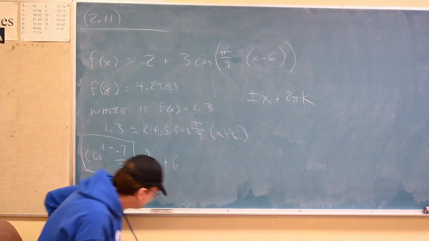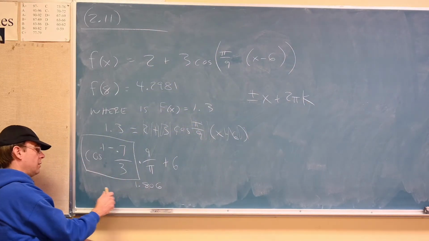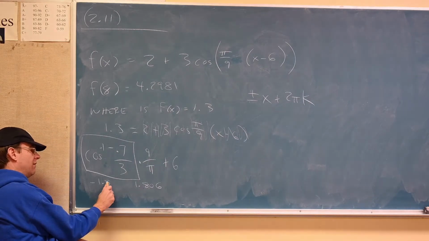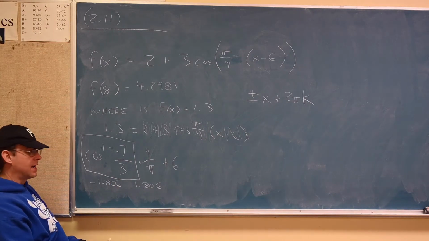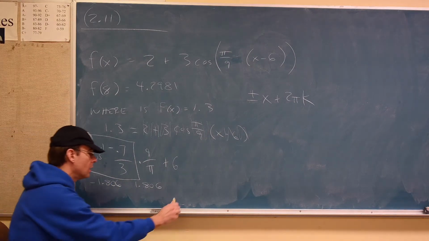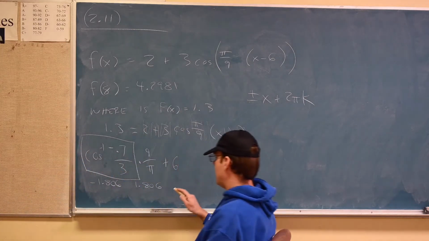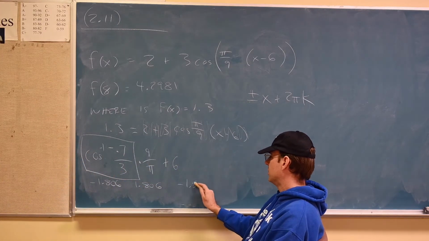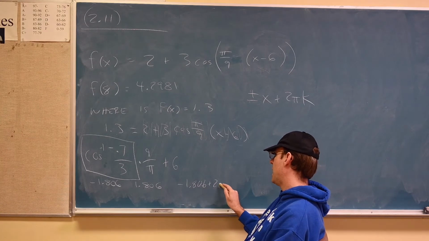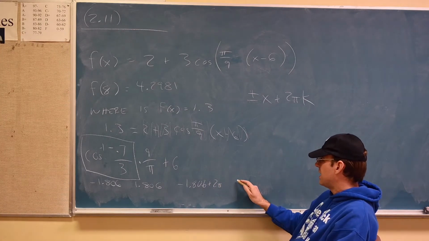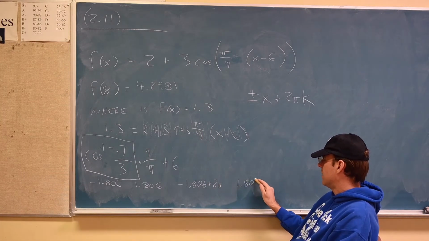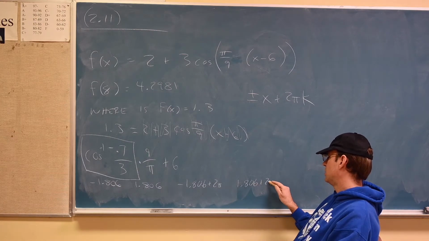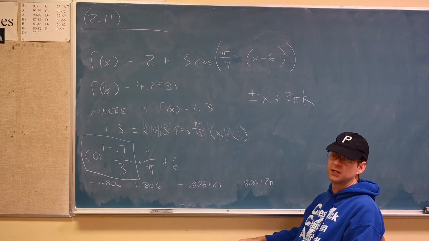Which means this is a fine answer. The negative version of that is a fine answer. Just as fine of an answer would be the negative version plus 2 pi. Just as fine of an answer would be the positive version plus 2 pi. And we could build this list endlessly.